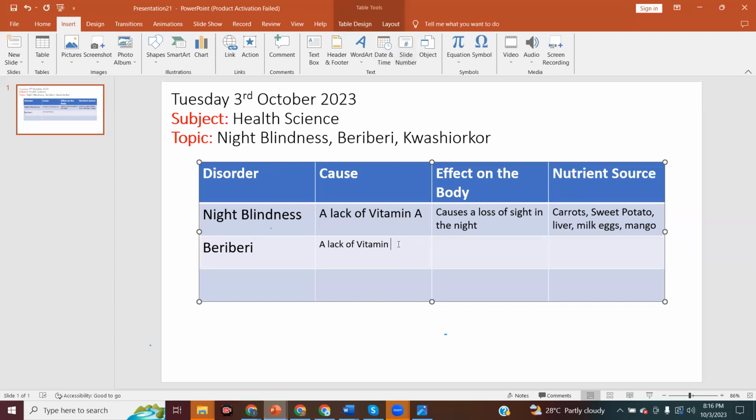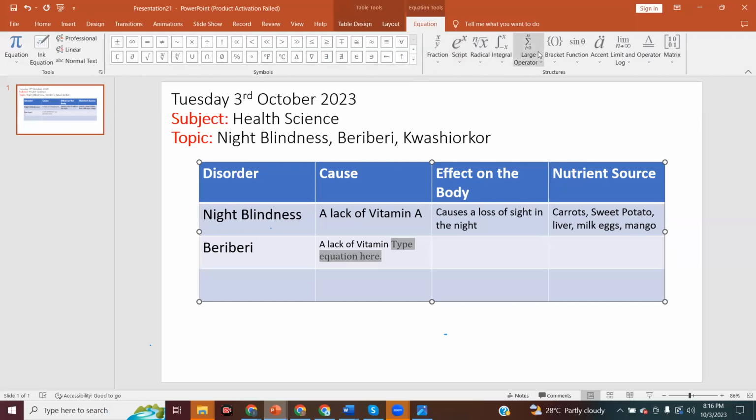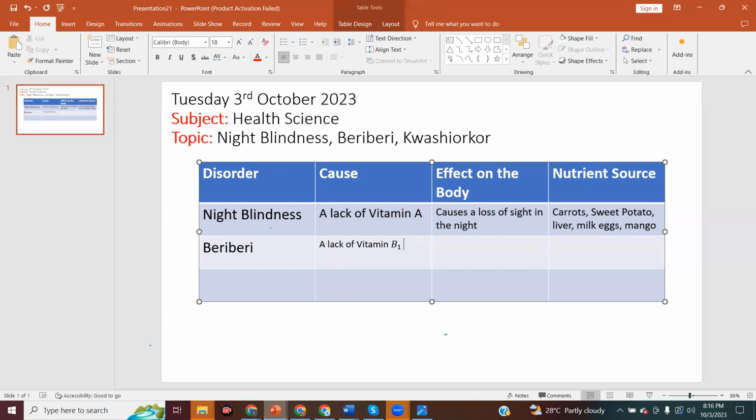So a lack of vitamin B what? Vitamin for beriberi would be B1. And B vitamins, what do they help you with? Ever heard of people say, why are you lacking common sense? So B vitamins help with your mind. Make sure your mind is straight, at ease, functioning properly.